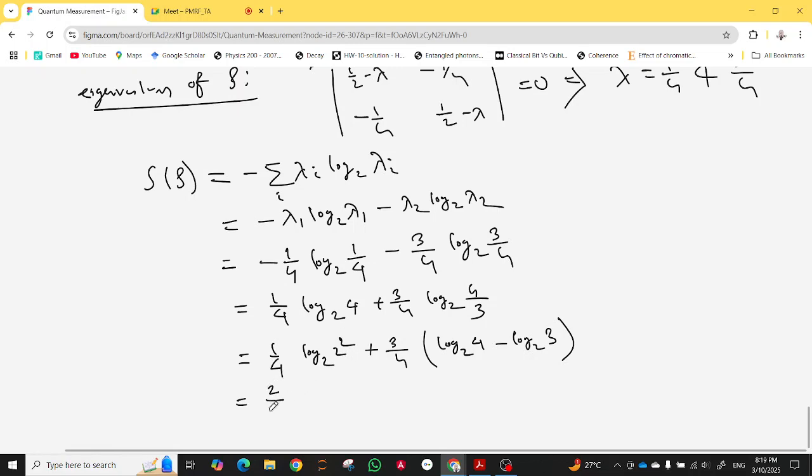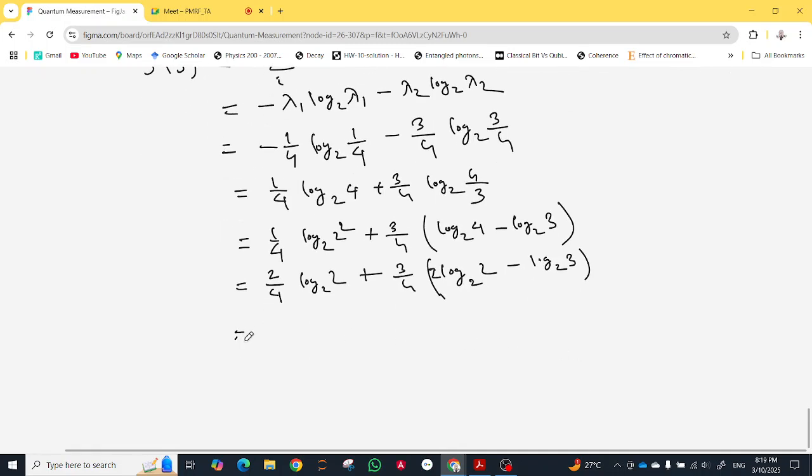So we get 2 by 4 log base 2 of 2 plus 3 by 4 into the same thing, 2 log base 2 of 2 minus log base 2 of 3.